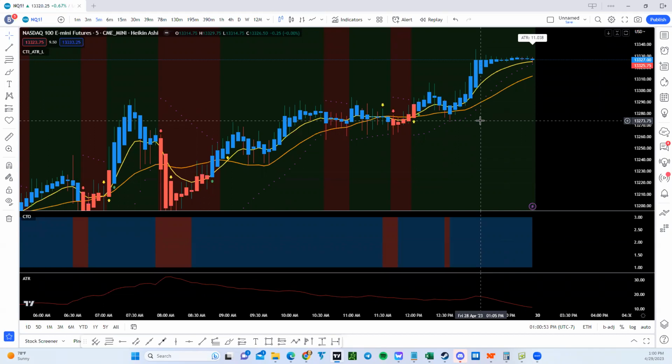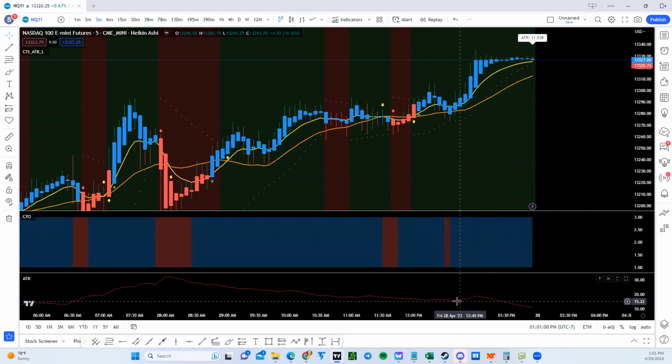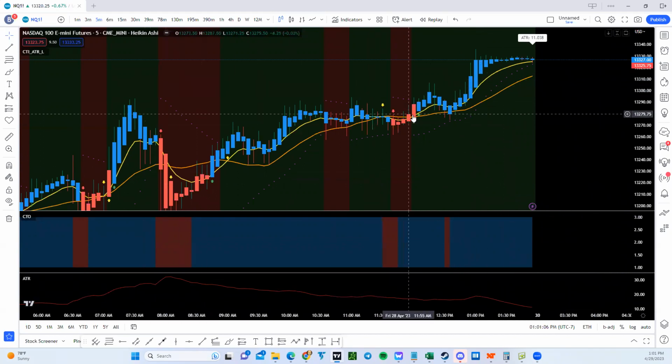That's why I like to use the ATR, the average true range. I like to know what the market is moving at, so I can adjust my stops. And I'm not just adjusting my stops. If I'm making my stops bigger, I'm lowering the number of positions I'm getting into.